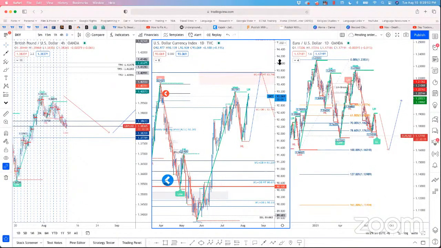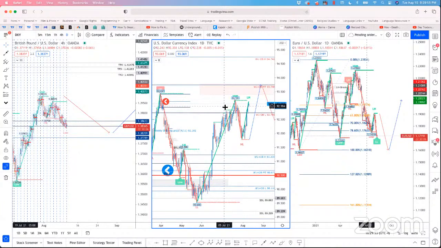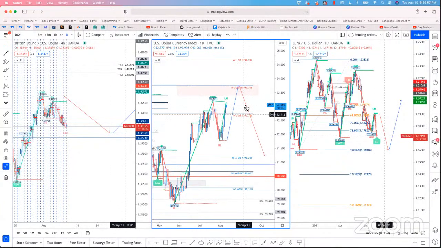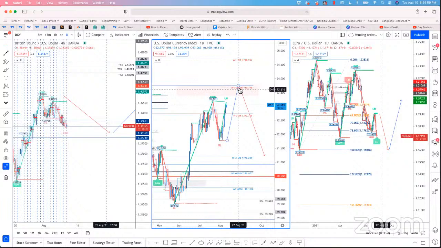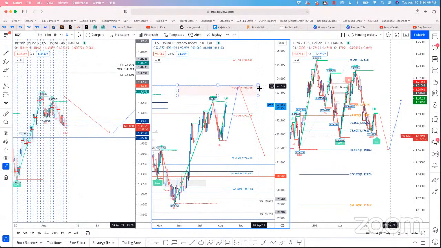Then we'll be at the middle of this weekly order block, right around this area. So once we hit this high, this little red box is where I'm really looking for it to come to first before we get any push to the downside.